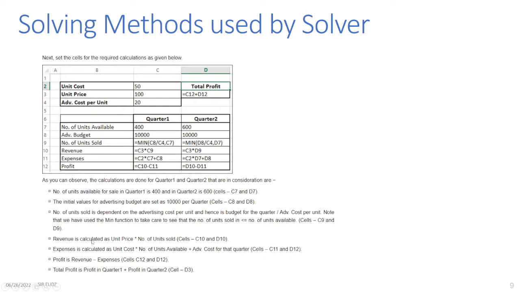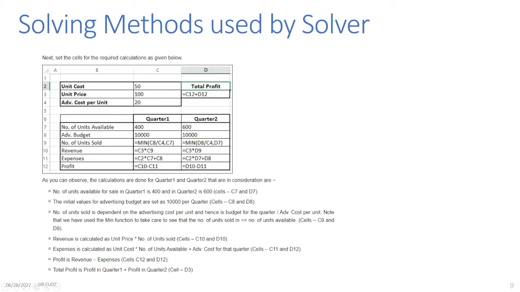Revenue is calculated as the unit price, that's C3, times the number of units sold, which is C9, in cells C10 and D10. For D10, instead of C9 we use D9, but both use the same price.